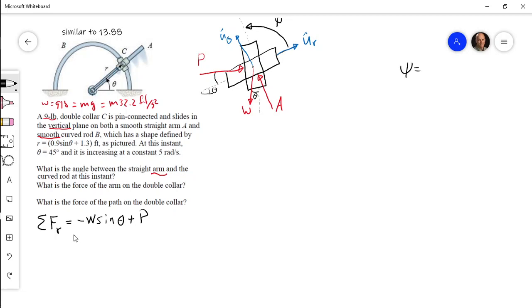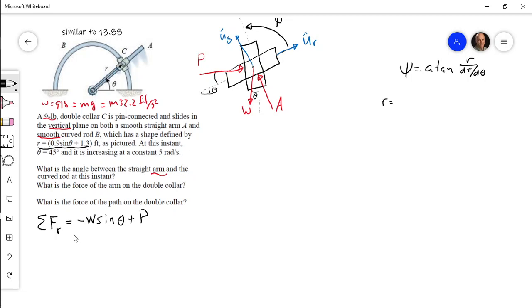Psi equals the inverse tangent of r over dr d theta. And we have an expression for r, so we can calculate that.